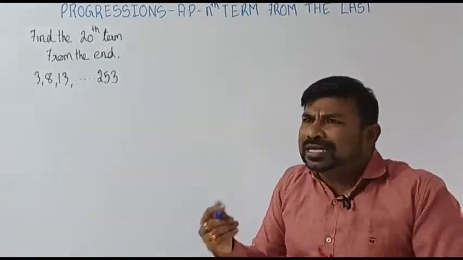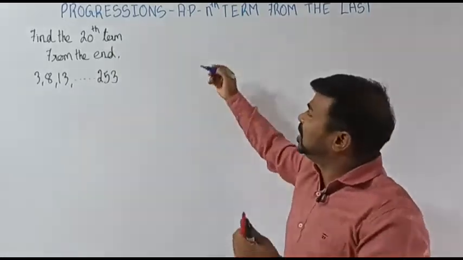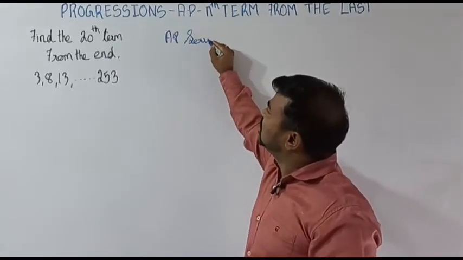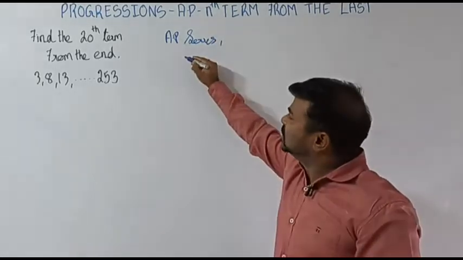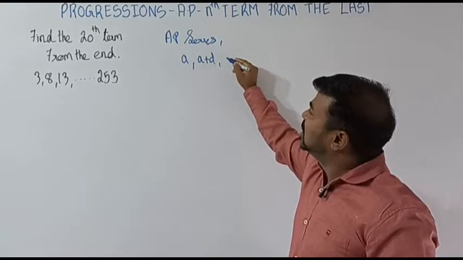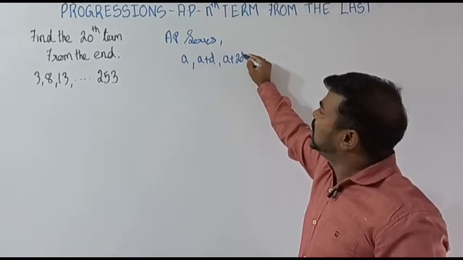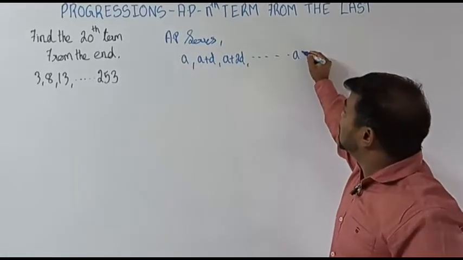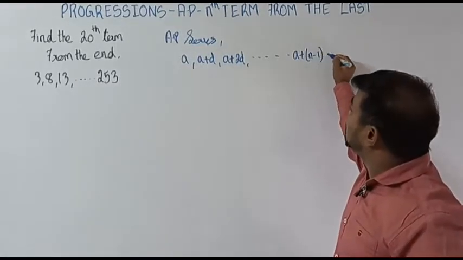So let me derive the formula for you. Generally, what is the AP series we take? As we all know, the series is a, the next one is a plus d, the next one a plus 2d, and so on. And the last term is nothing but a plus (n minus 1) into d.